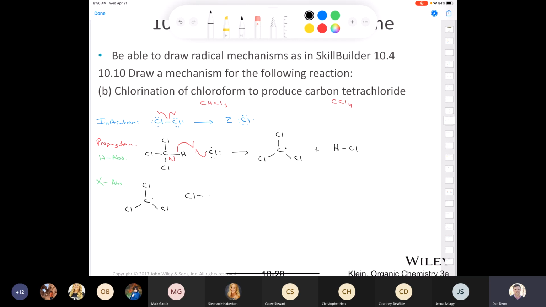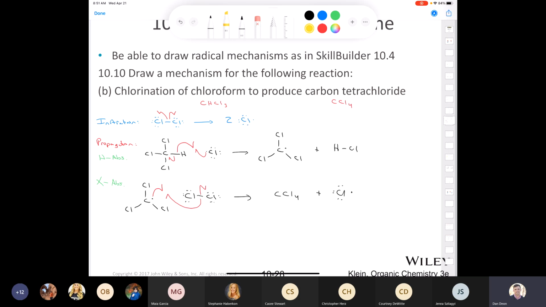Remember, only some of the chlorine is going to be homolytically cleaved to give you radicals. So we're forming our carbon tetrachloride, and we're going to be left over with a chlorine radical. So let's draw that. We end up with our CCl4. I'll just draw the condensed structure. Plus, we end up with a chlorine radical like that. Okay, so there's our chlorine radical.